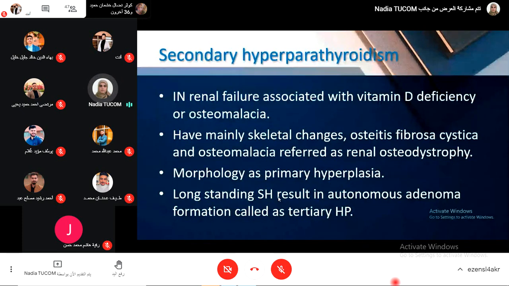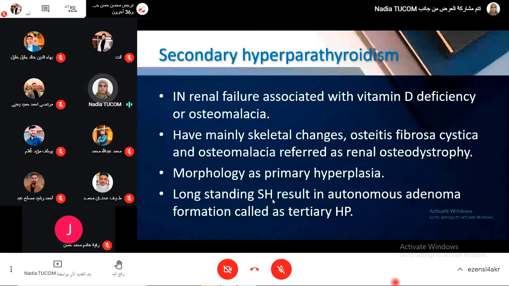It is not an adenoma by itself, but because of long-standing stimulation there is continuous production of PTH by the parathyroid gland, unresponsive to blood calcium level. So the patient has normal or high calcium because of correction of renal impairment, for example by renal transplant or renal dialysis.